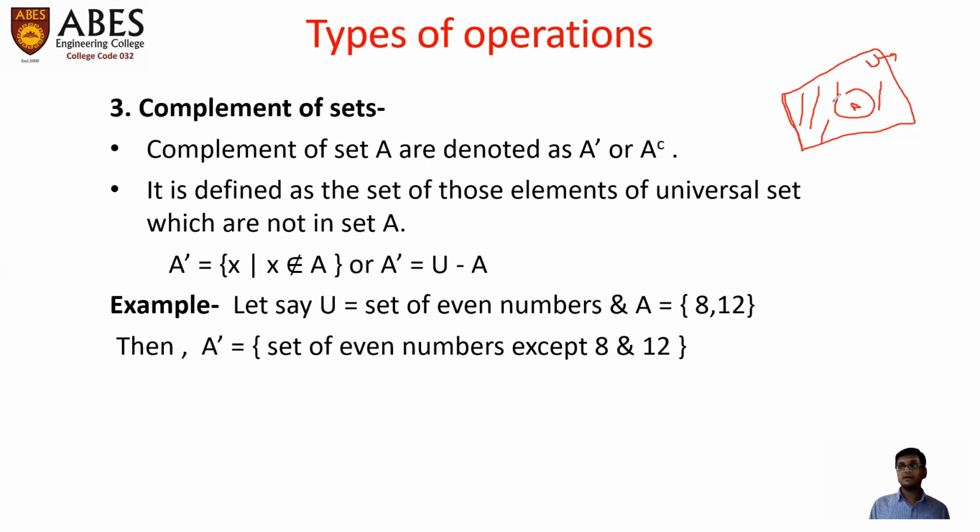Because A complement does not include the elements of set A, I will not consider the area covered by set A, and the remaining area will be the A complement.